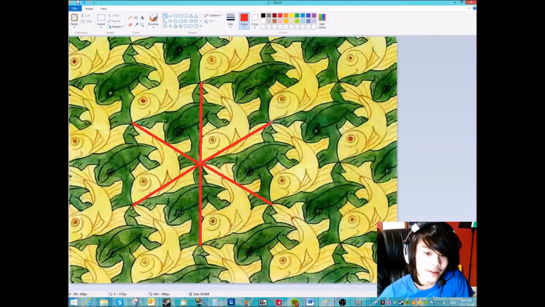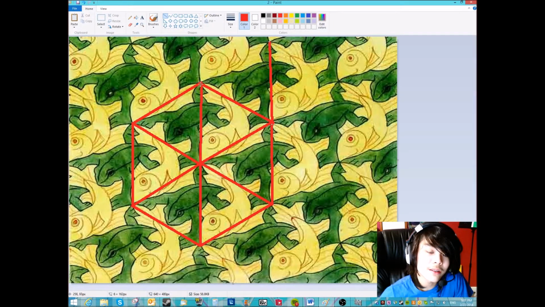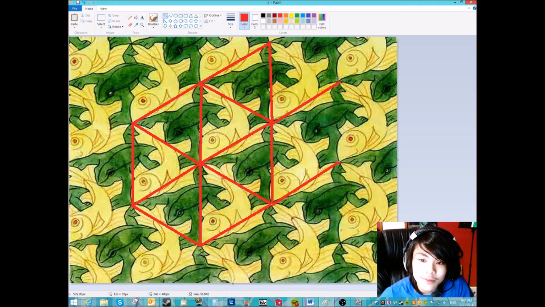But if I connect all of these yet again, we get 6 triangles, just like our postulate. And if I keep doing this, then I get more triangles, like that. Of course, I could keep doing this for a long time, and eventually come up with a big grid.